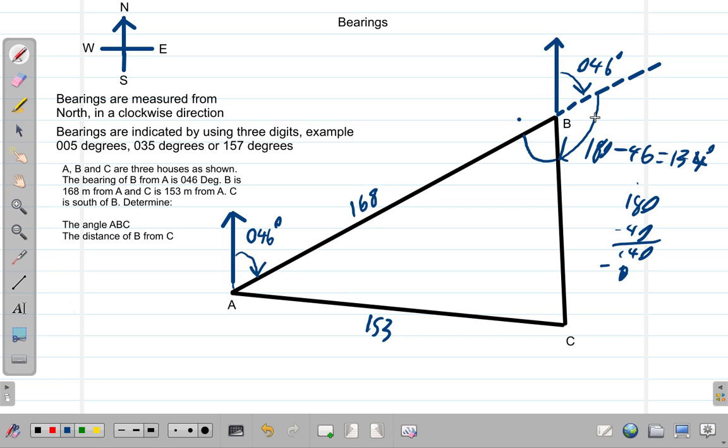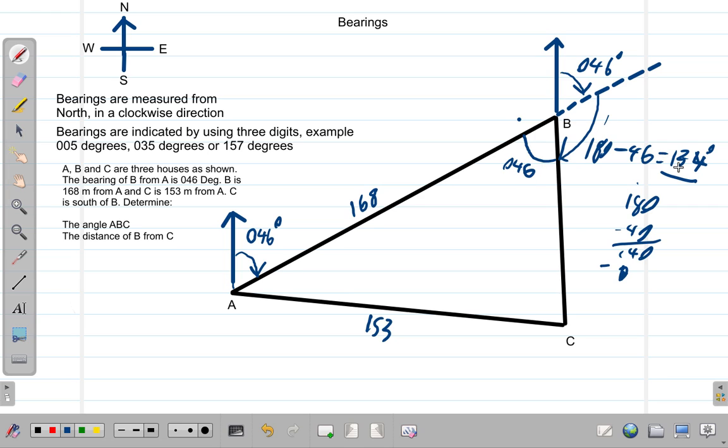But guess what now? If this angle is 134, you know that from here all the way around to here is 180 because this is a straight line. We could have said this and this are the same, 046.